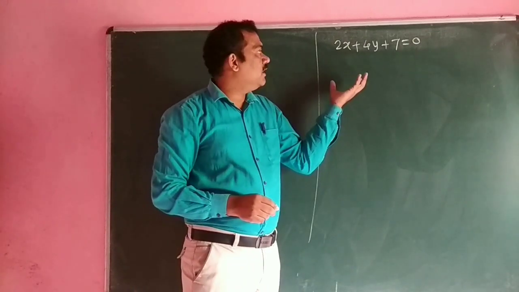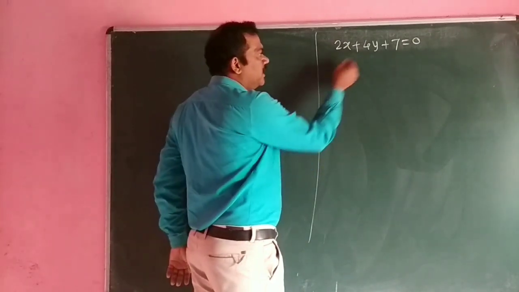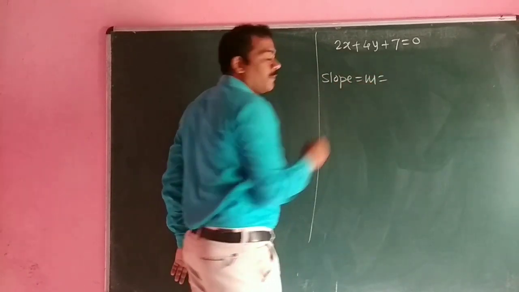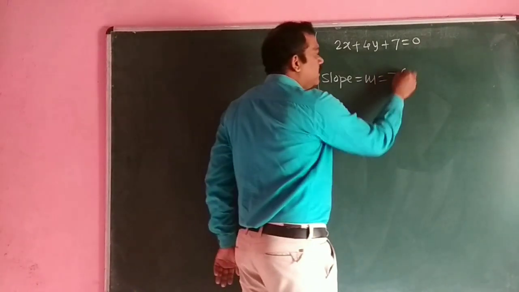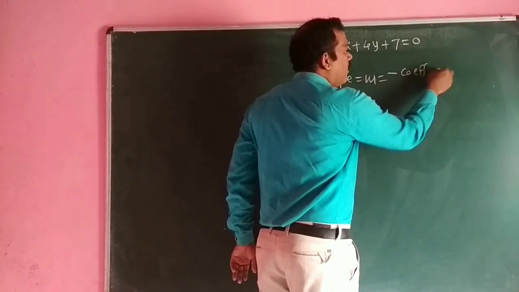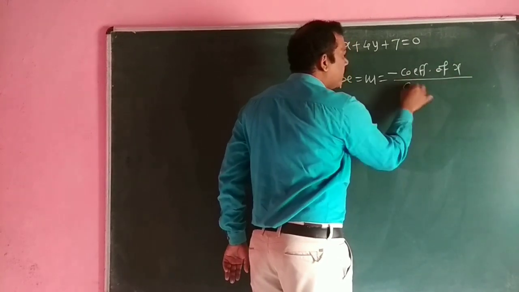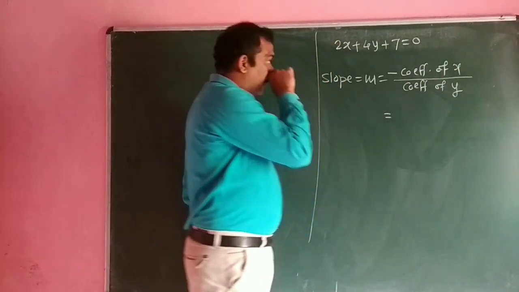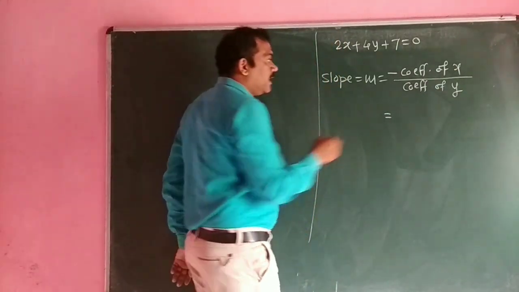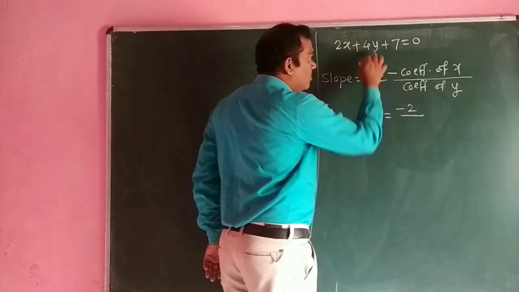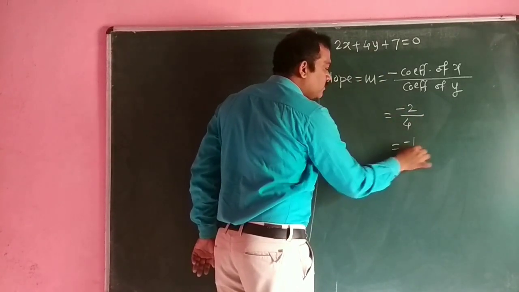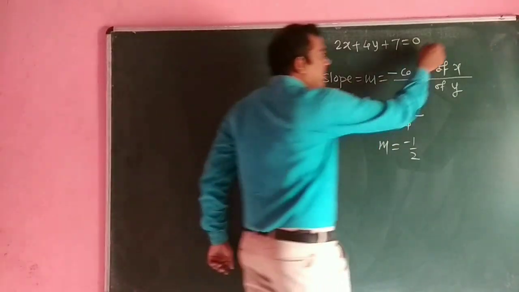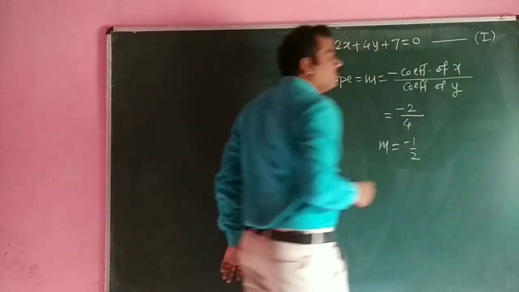Suppose the slope is m. Then m is minus coefficient of x divided by coefficient of y. The coefficient of x is 2 and the coefficient of y is 4, so m is minus 1 by 2. That is the slope of this straight line. Call this equation 1.